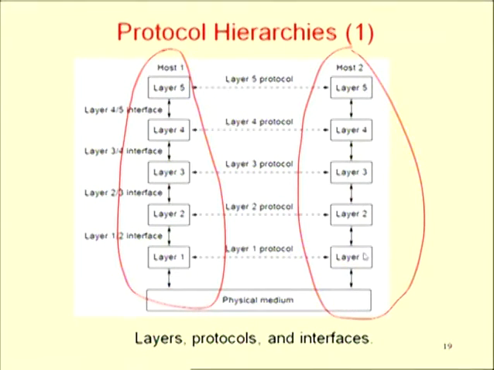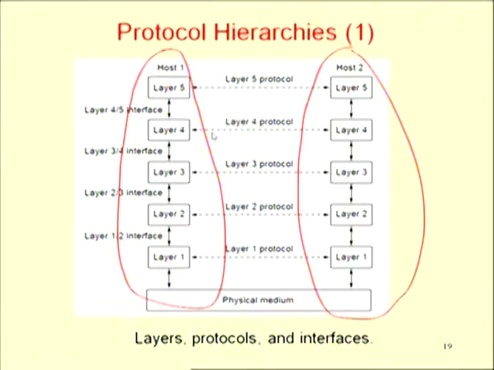Then again layer 1, layer 2, layer 3, layer 4, and it will reach to layer 5 of host 2. Okay, simultaneously when layer 5 is sending a packet to layer 4, ultimately it would be sending a packet to layer 5 of the host 2, but it would be sending that packet to the same host layer 4.